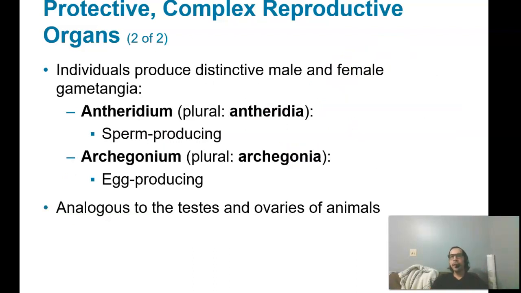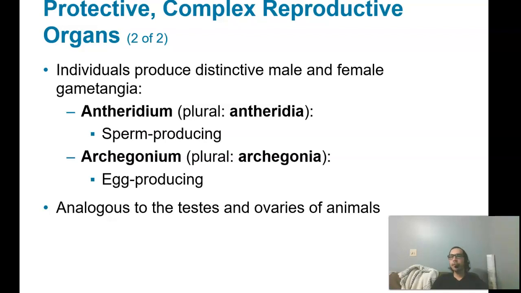Okay, so the gametangia, if you're talking about the male, then it's called the antheridium, or antheridia for plural. If you're looking at the female gametangia, then that's the archegonium. So the antheridium is the one that produces sperm, and then the archegonium is the one that produces eggs.